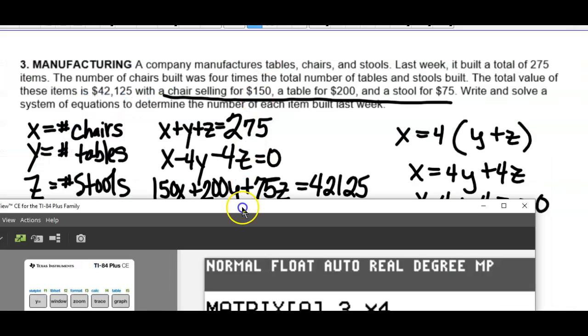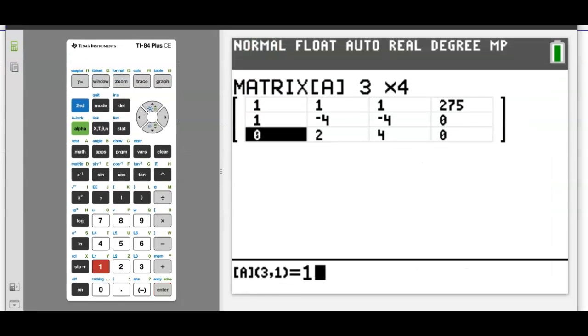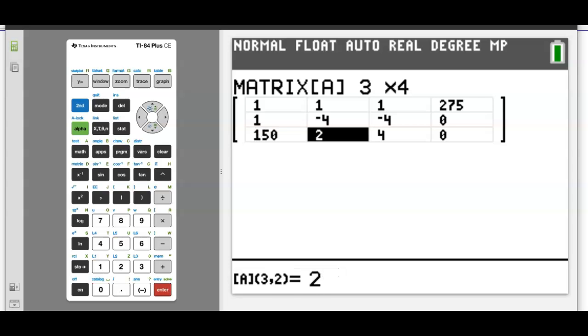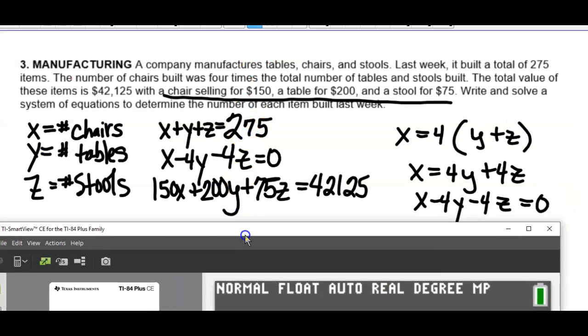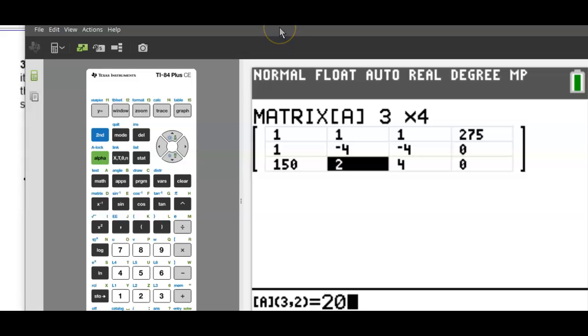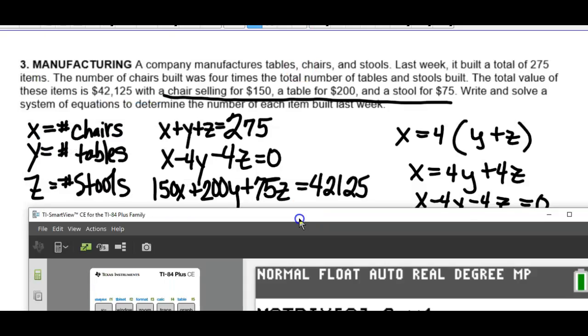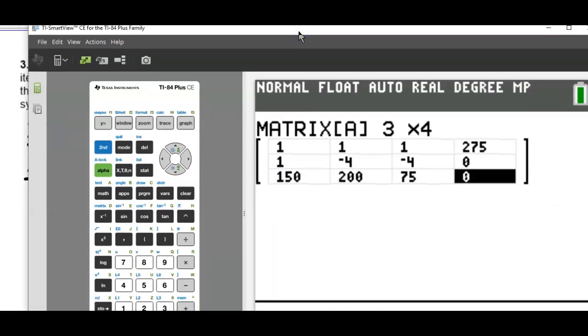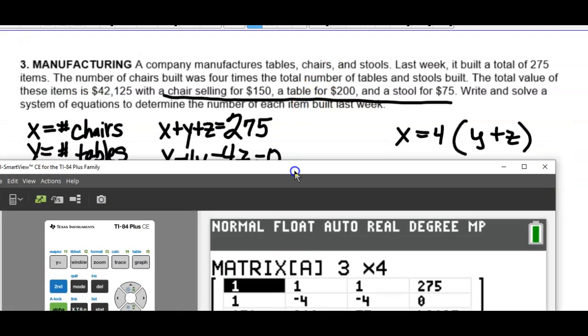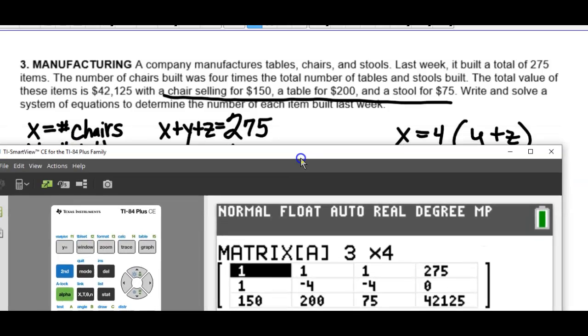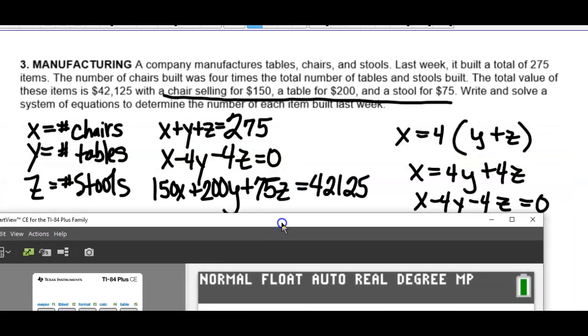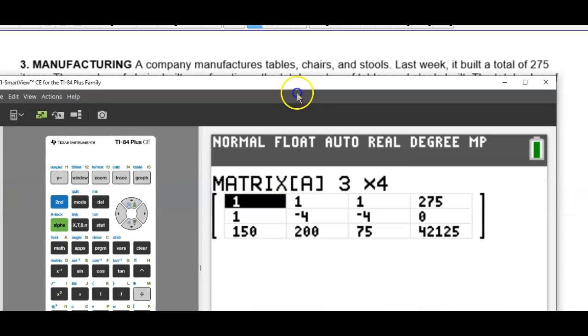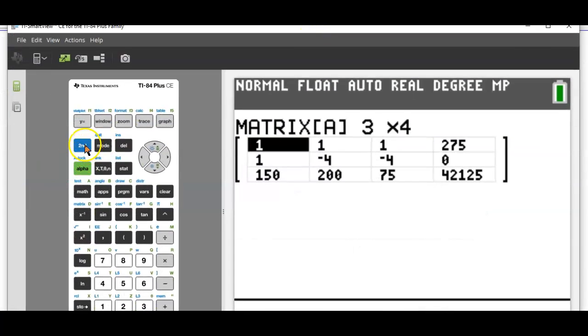And the last sentence was 150, 200, 75, and 42,125. Okay, I'm praying I got them right this time.